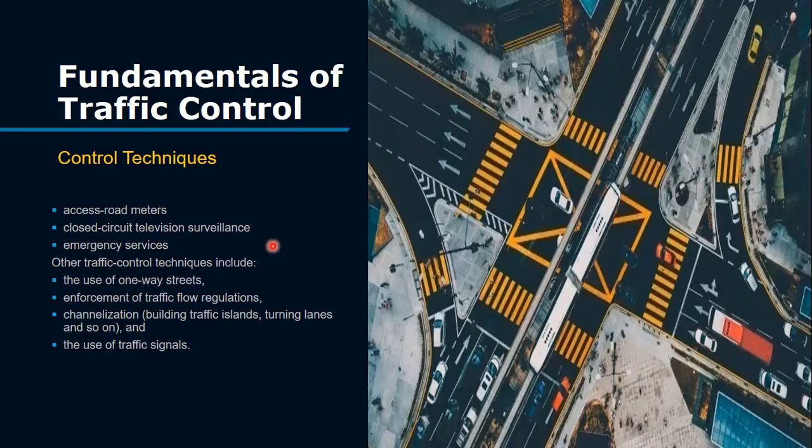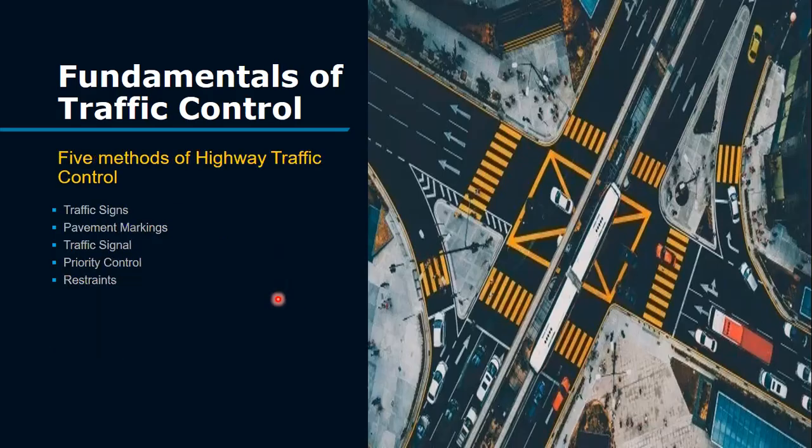And there are also other traffic control techniques. This includes the use of one-way streets, the enforcement of traffic law regulations, channelization such as the building of traffic islands, turning lanes, and so on, and the use of traffic signals.